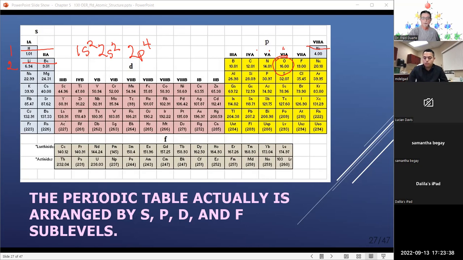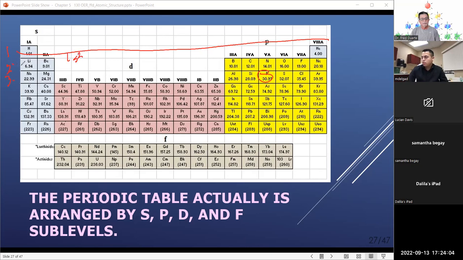Huh? Let's do one that's a little bit longer. Clear that up. Let's do phosphorus. Okay. All right, so I got phosphorus. Again, I got 1, 2, and 3. What I know about phosphorus, it's in the third energy level. So that tells me that the first energy level is full. So that's 1s2. The second energy level is full.